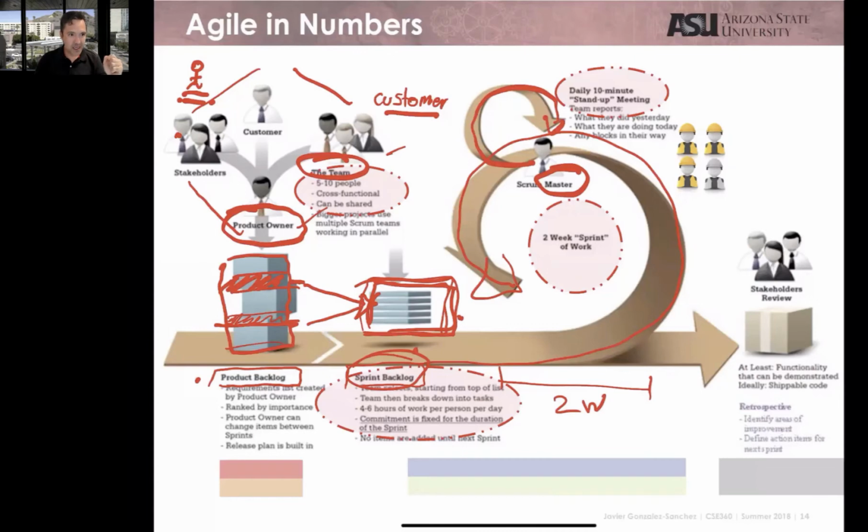The meeting is going to be 5 to 10 minutes. Again, the goal is not to have a long meeting. And in those 10 minutes, every single member of the team is going to share with everyone else the status of the project.